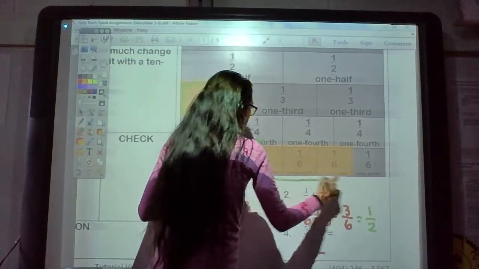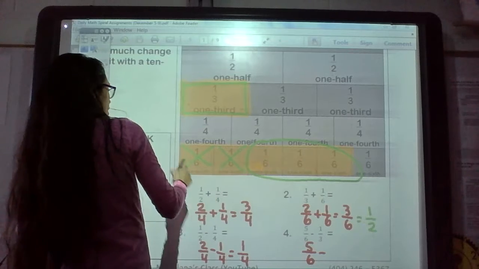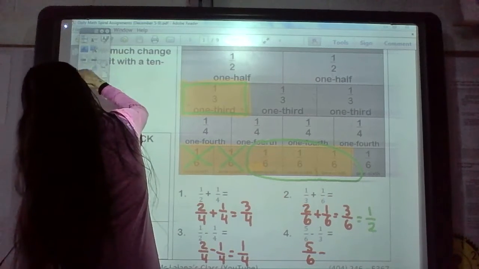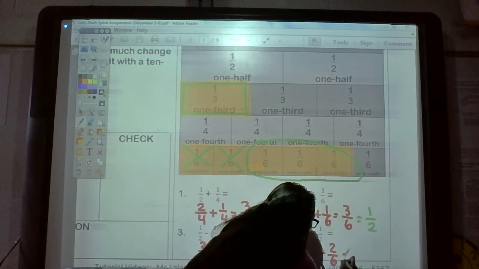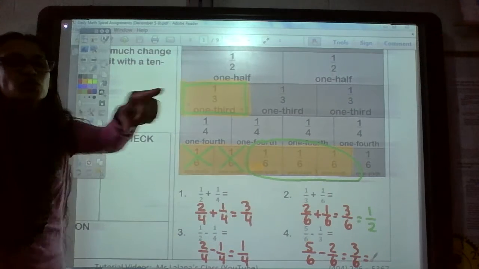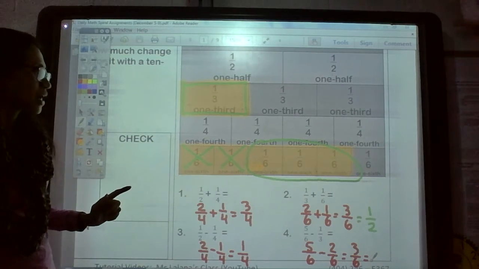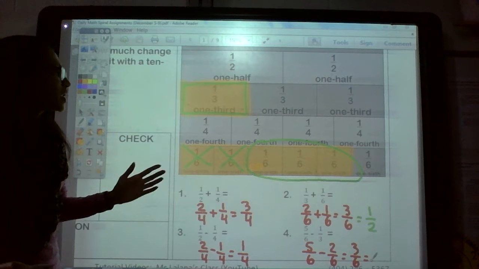So that is 5/6 minus 2/6 equals 3/6. Now, hold on. Look at that 3/6. You know how to simplify that 3/6. It's the same thing as 1/2.